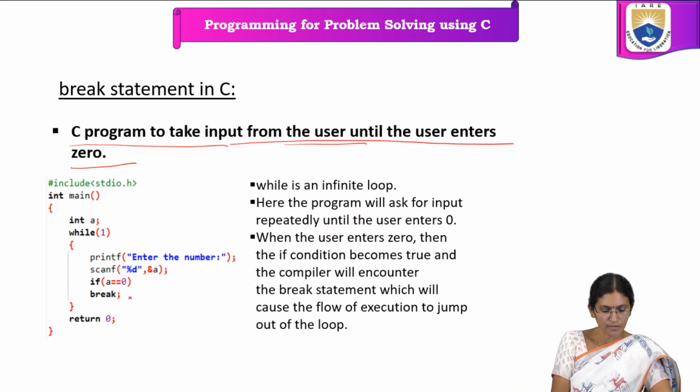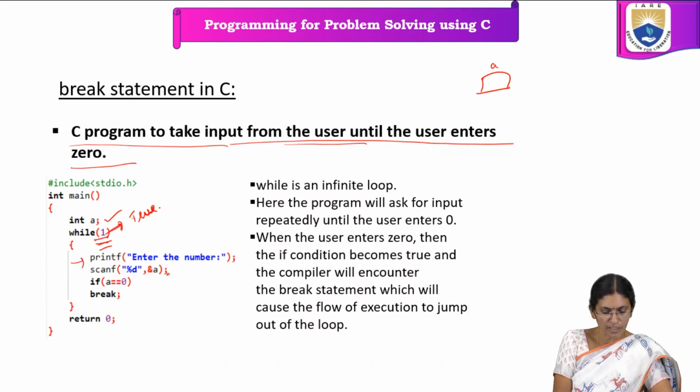So let us implement this with the help of a while loop. We have declared an integer variable a, which will store an integer value. While 1: in the test condition we have mentioned 1, which is a non-zero value, so this condition will always evaluate to true.